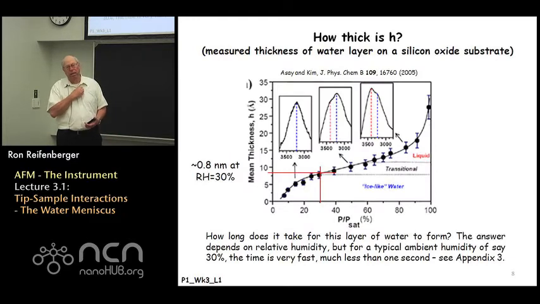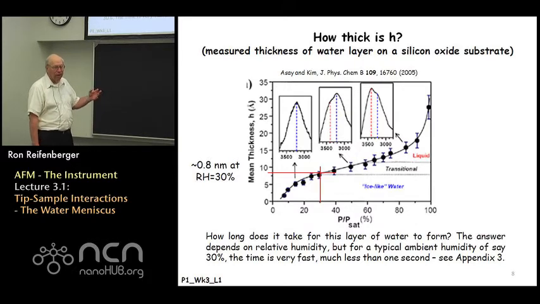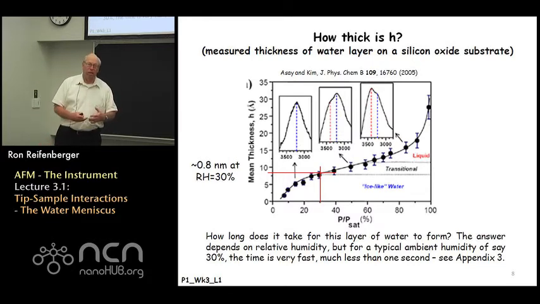How thick is this water layer that forms? Well, there are some measurements in the literature that you can find. I just reproduce a graph here, and I just mention that at 30% relative humidity, which is relative humidity typical in most climate-controlled buildings in the United States, you've got a water layer of about 0.8 nanometers that forms.